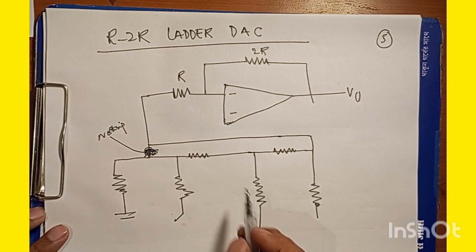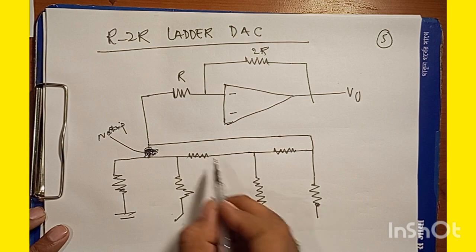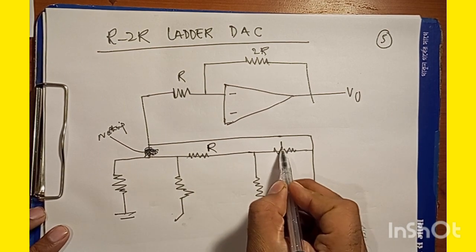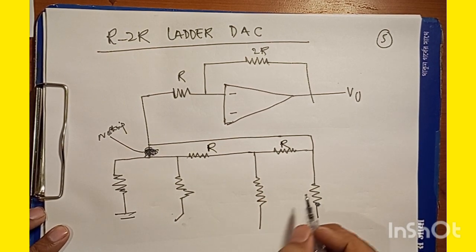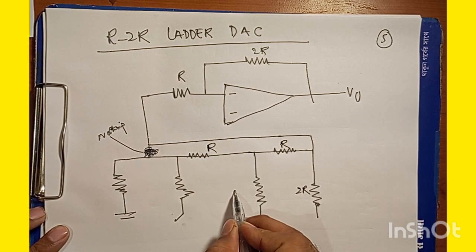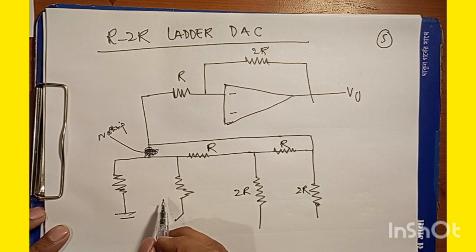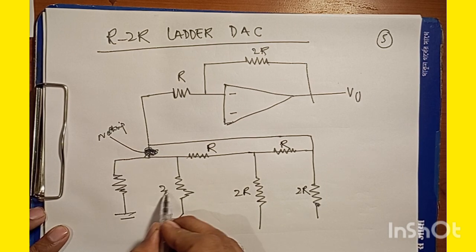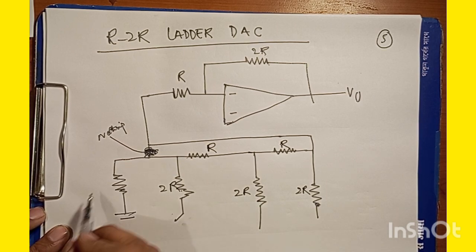We have a resistance R here, a resistance R here, and here we have 2R, here we have 2R, and here we have 2R, and here we have 2R.